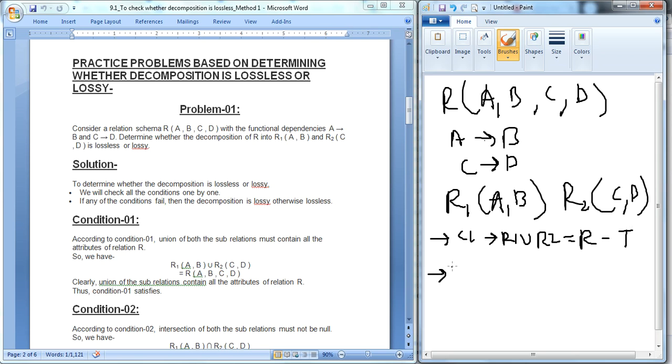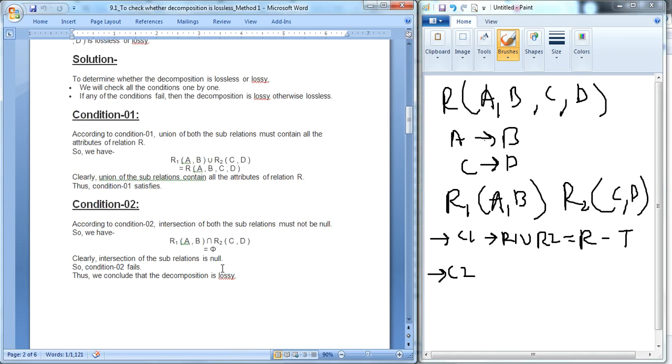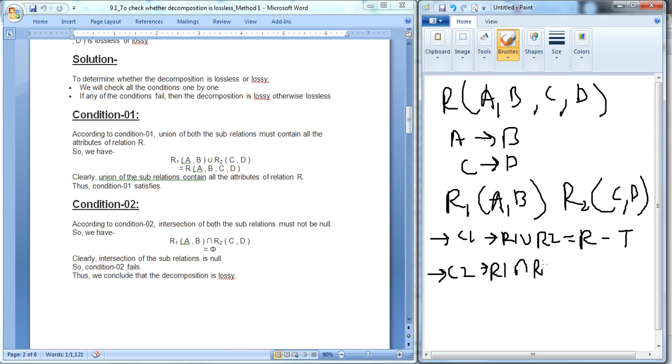Now we will go for condition 2. Condition 2: the intersection of R1 and R2 is not null.